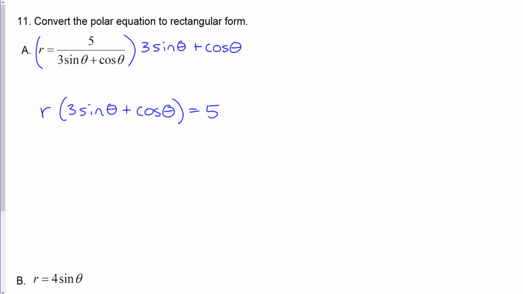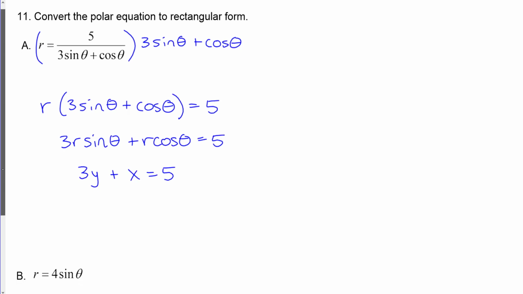Then if I distribute the r, I get 3r sine theta plus r cosine theta equals 5. And r sine theta can be switched into y. R cosine theta can become x. And so we just have a basic linear equation here.